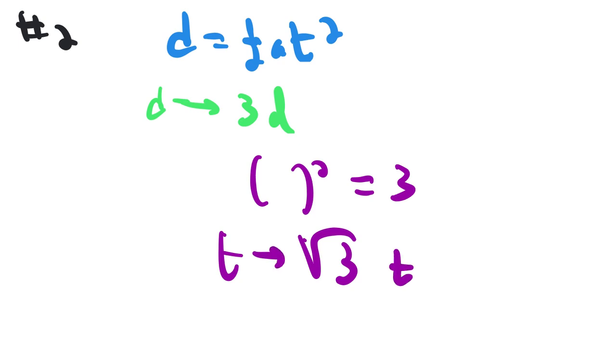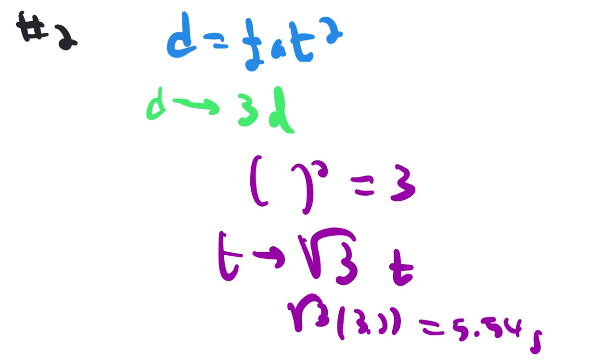So we take out a calculator and we say, what is the square root of 3 times 3.2 seconds? And that turns out to be just about 5.54, which, according to our sig figs and what was given to us, would be the 5.5 second answer.